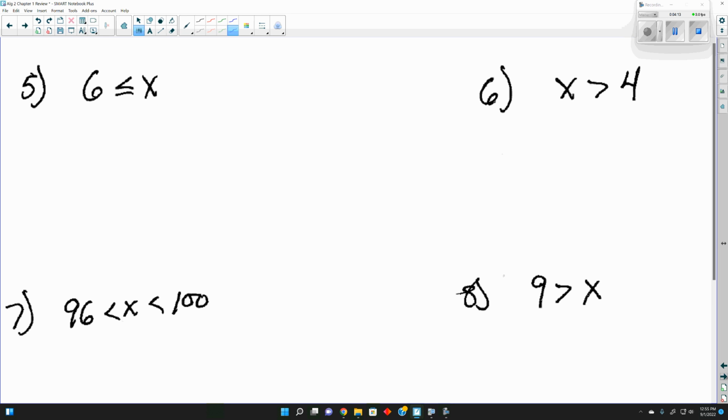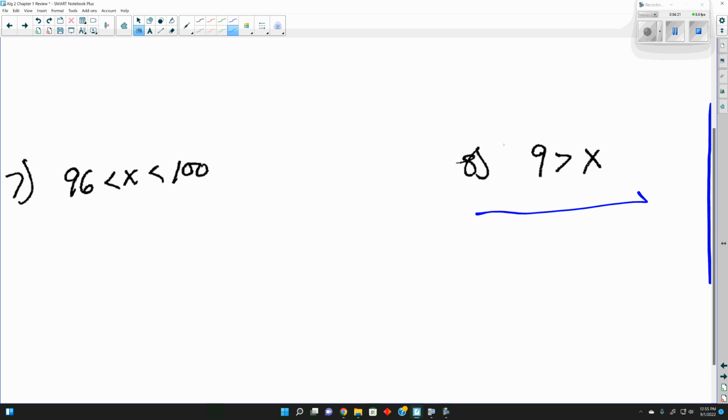Questions on 5 through 8? So if we looked at a graph, our main number that we have is 9. Is it included? Now, do we shade to the right or to the left? Which number is bigger? All right.